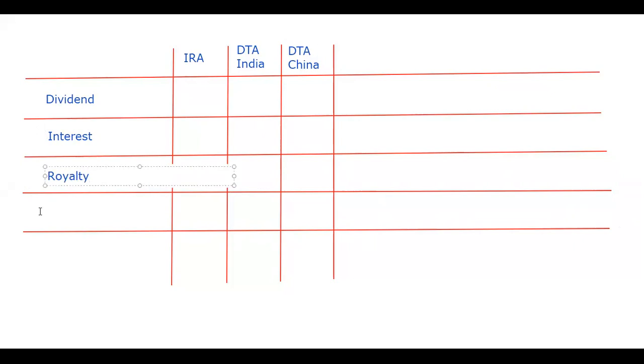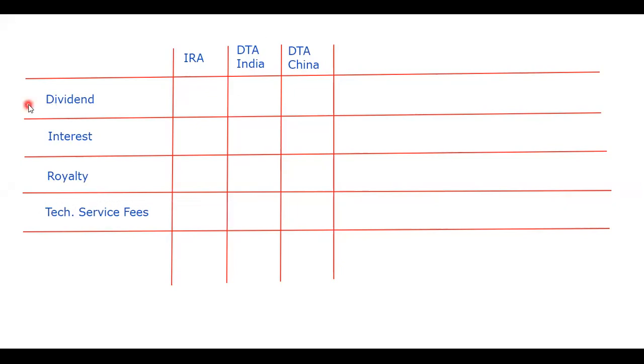Here technical service fee. These are the sources. Passive income sources: forget about the technical service because it is not exactly passive. These three are the passive sources basically.